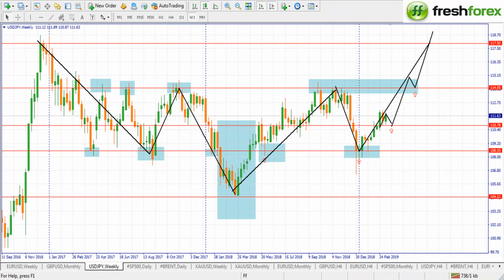We'll move straight to the next symbol, and that should be SP500. I'm going to load it afresh.